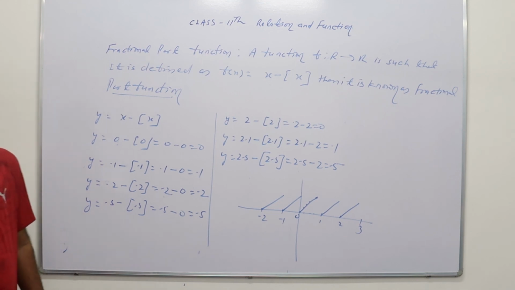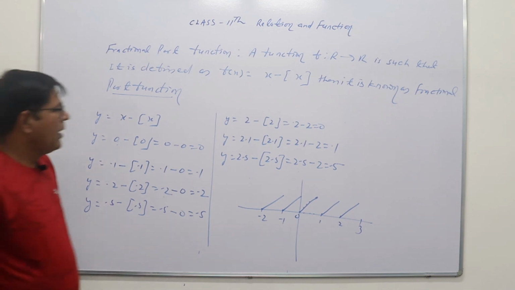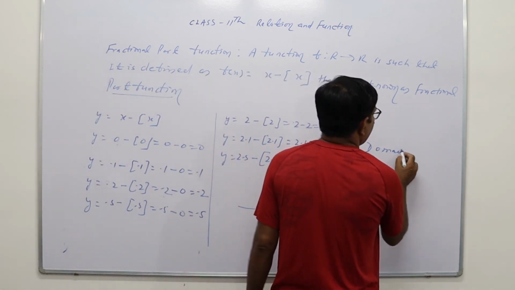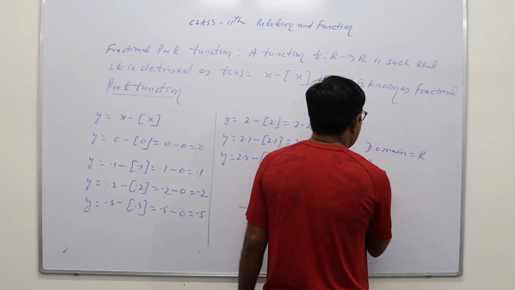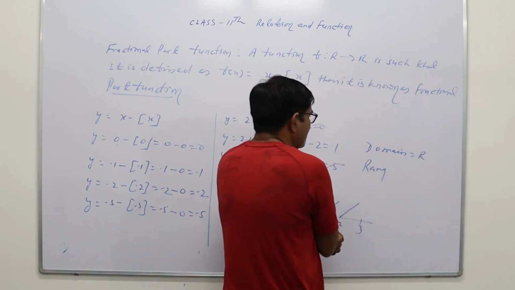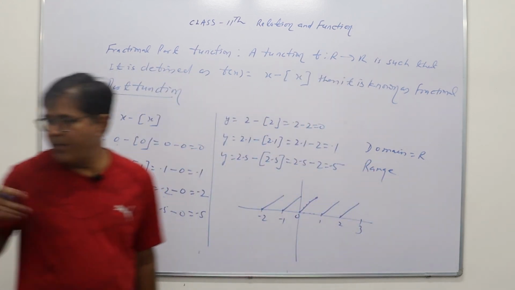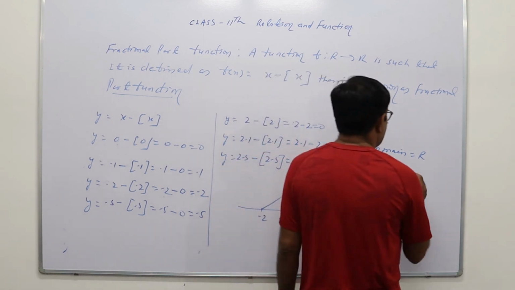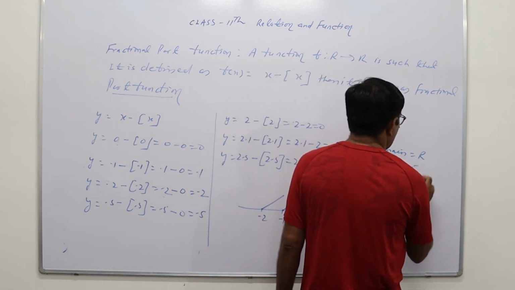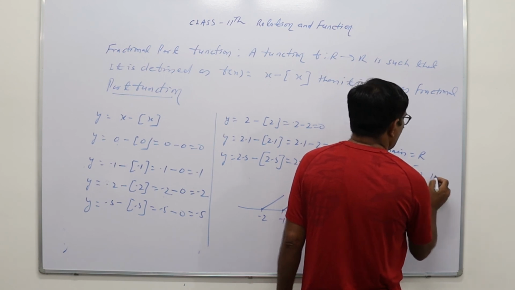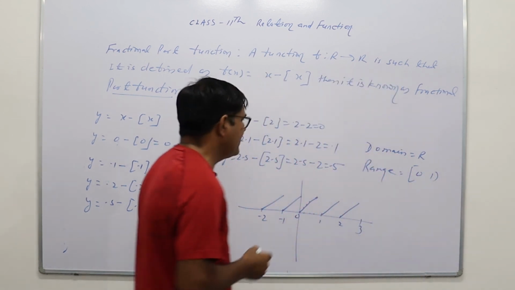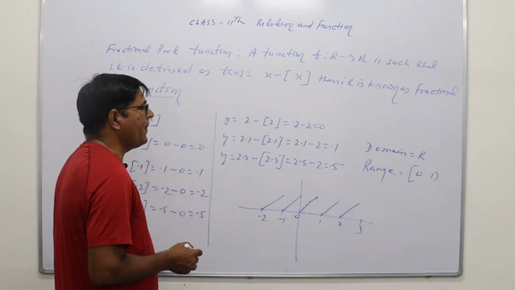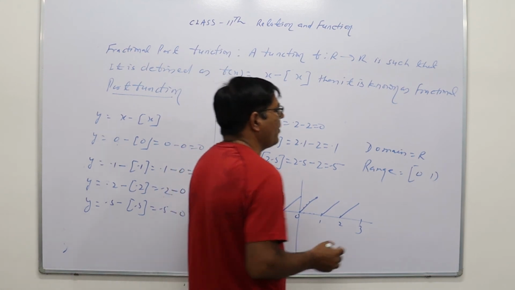Now the domain will be equal to the set of real numbers, and the range will be equal to the semi-closed interval 0 to 1 open, that is, 0 is included, so the graph will always be from 0 to the open interval of 1, meaning just before 1.